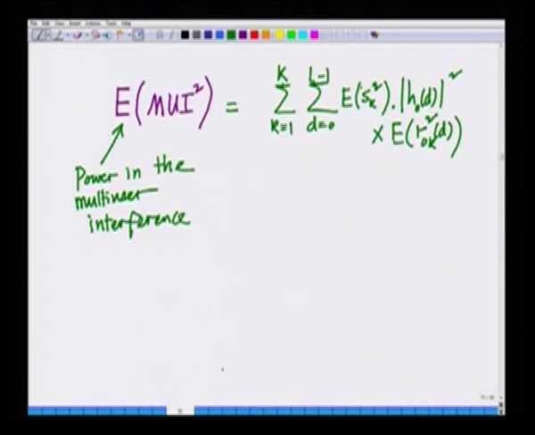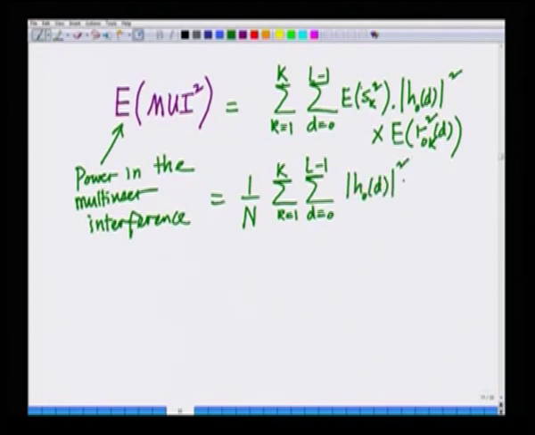This we have seen before: the expected cross correlation between user 0 and the kth user for shifted lag d is nothing but 1 over n. Hence, I will write this as 1 over n summation k equals 1 to capital K, summation d equals 0 to L minus 1, magnitude H 0 d square into expected S square, which is nothing but P k.